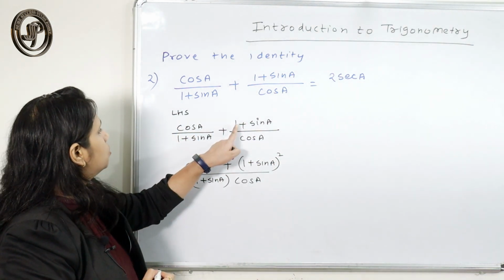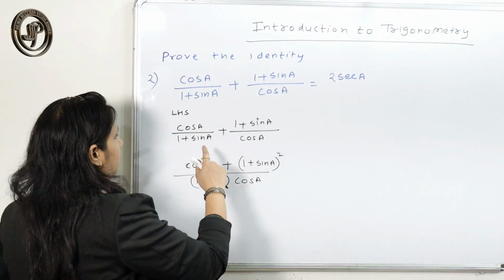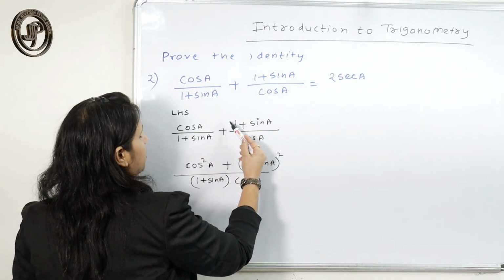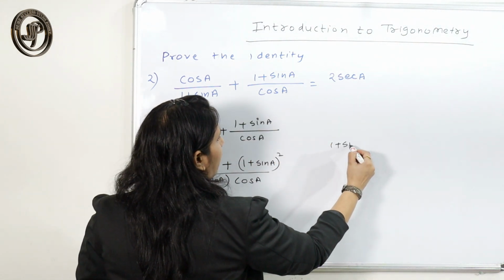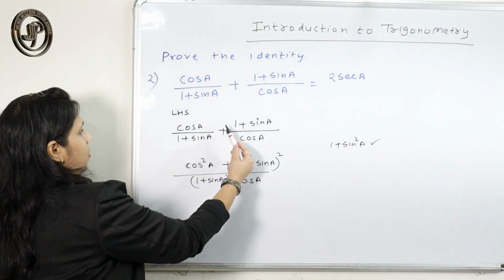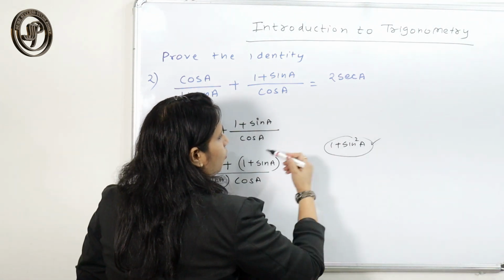Most of the students make a mistake over here. Even 60 to 70% of students, while multiplying these two, will write it incorrectly. So don't make these types of mistakes.